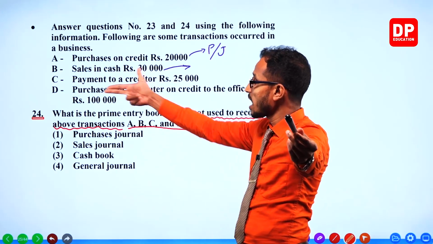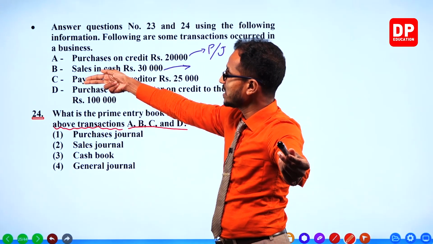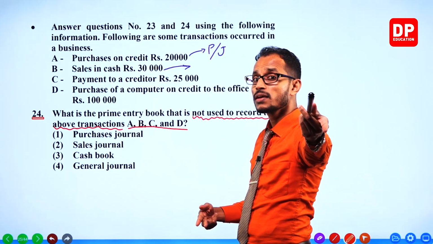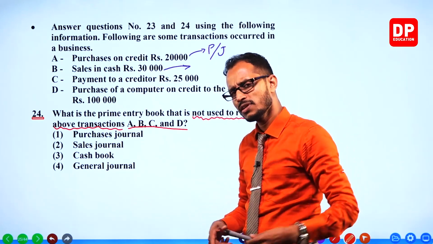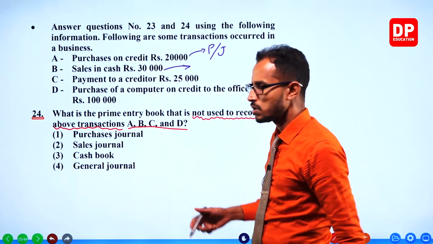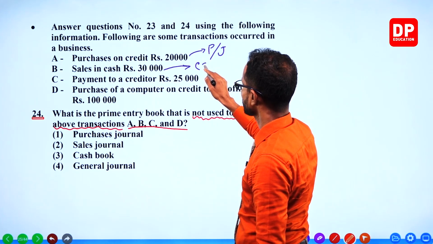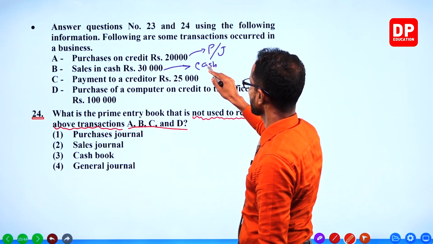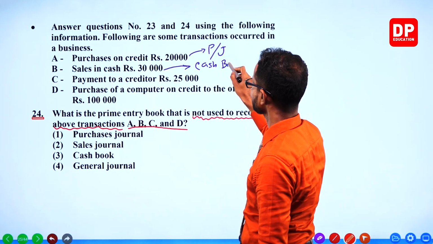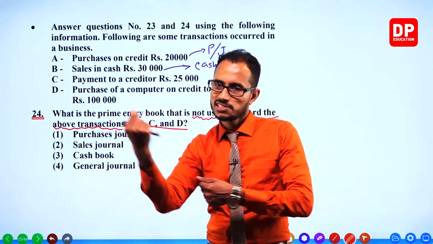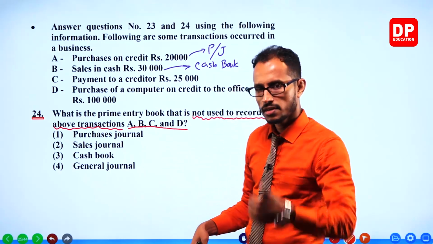I'm asking, sales in cash is recorded in? Come on. Sales in cash. Cash book. Because selling goods and getting cash. So cash coming in. Cash book debit.